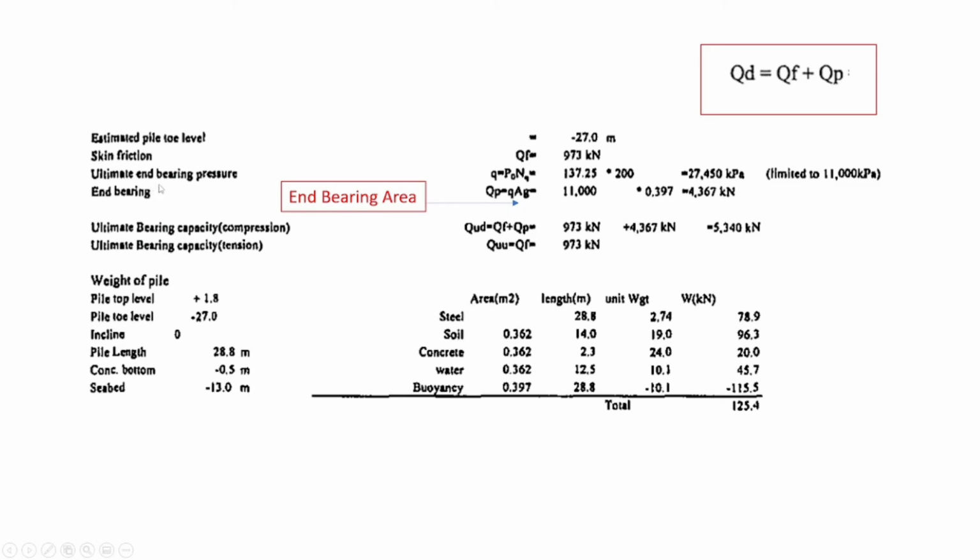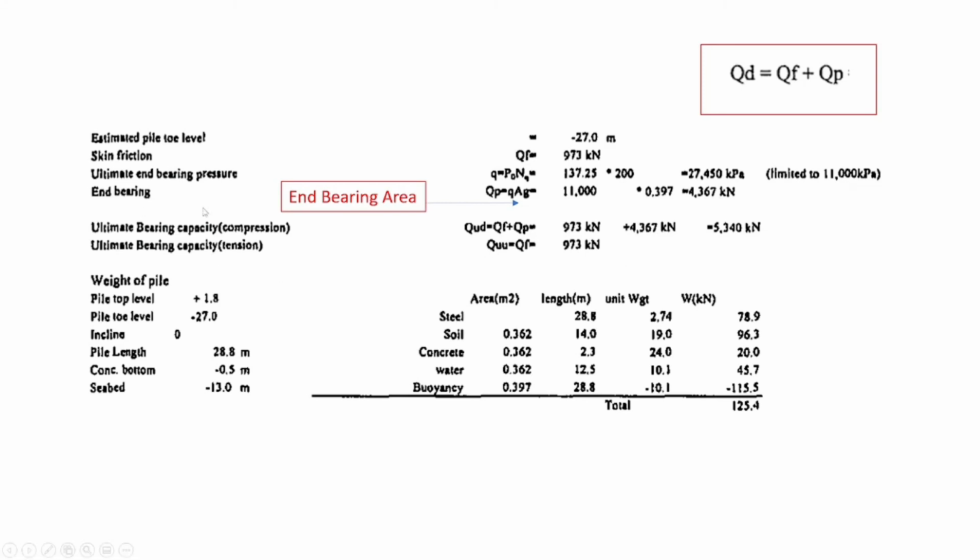So the ultimate end bearing pressure is q equal to P0 times Nq, which is 137.25 times 200. So we obtain the value of 27,450 kPa for the ultimate end bearing pressure, but we are limited to 11,000 kPa as mentioned earlier.